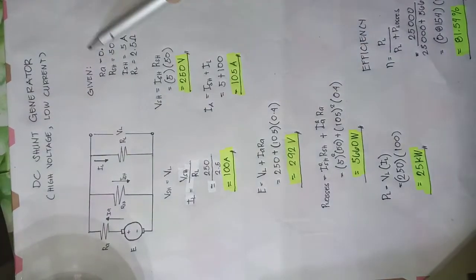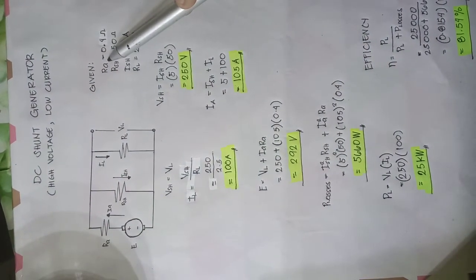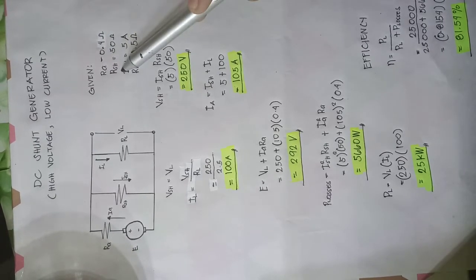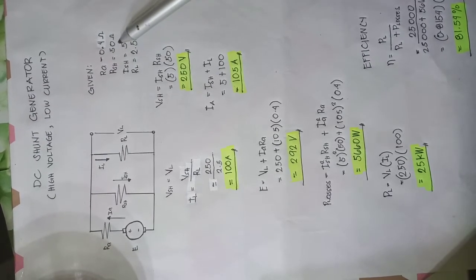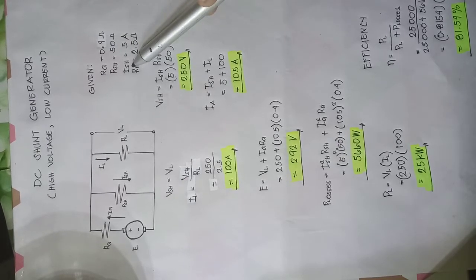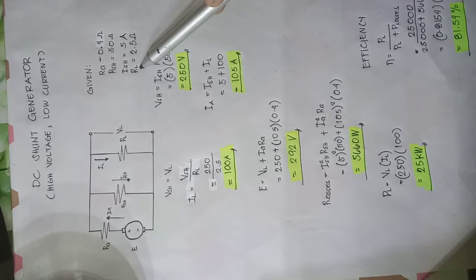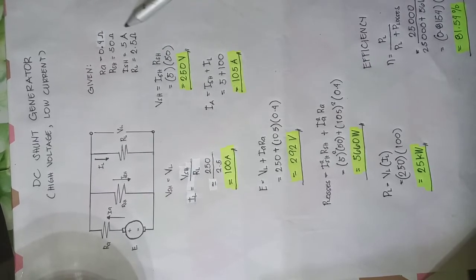We are given that the resistance of the armature is 0.4 ohms, the resistance of the shunt field is 50 ohms, the current of the shunt field is 5 amperes, and the resistance of the load is 2.5 ohms.